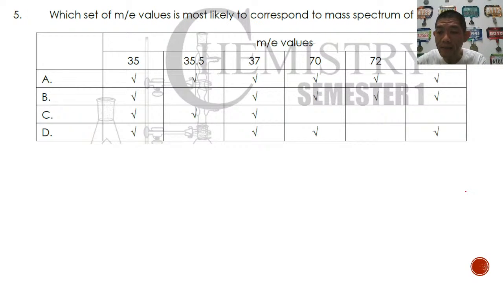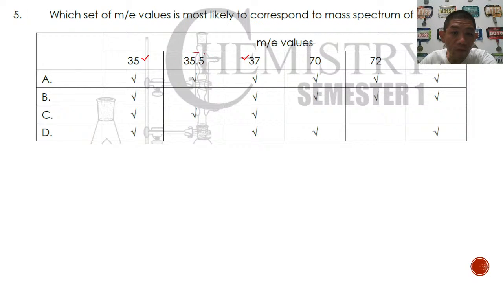Now you have to understand by yourself that chlorine gas exists naturally as a diatomic molecule, Cl2, and chlorine here has 2 isotopes, namely isotope 35 and 37. From the information in here, you can see 35 and 37 refer to the isotopic masses, the 2 isotopes that exist for the chlorine atom.